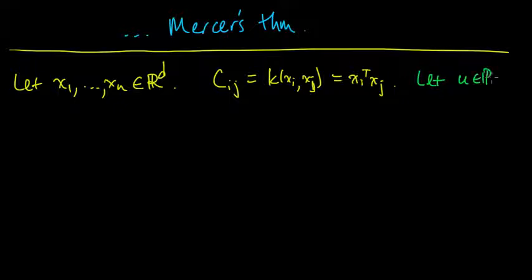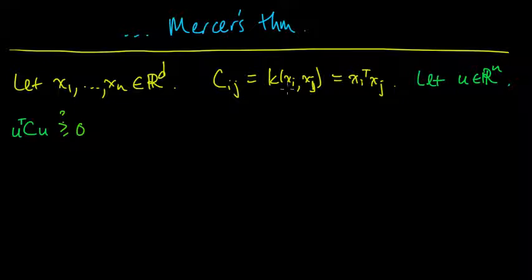Now we need to show that C is positive semi-definite. In order to do that, we need to show that for an arbitrary vector u in R^n, u transpose C u is non-negative.